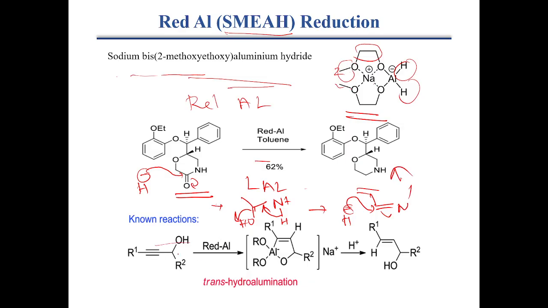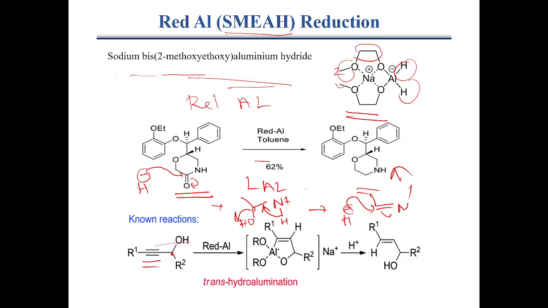So this is an example of Red-Al reaction with alkyne. In the presence of a propargyl alcohol, this is propargyl alcohol, an alkyne and alcohol connected at the C1 position. That's called propargyl alcohol.